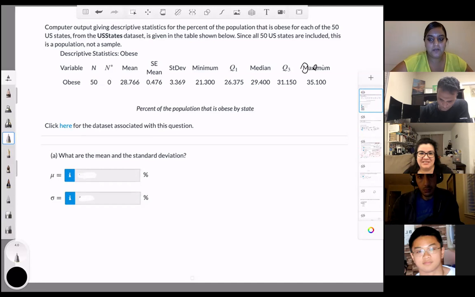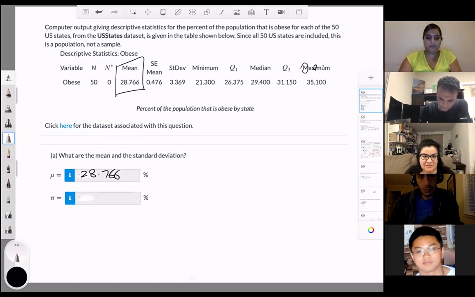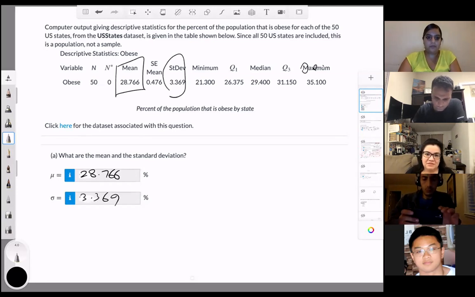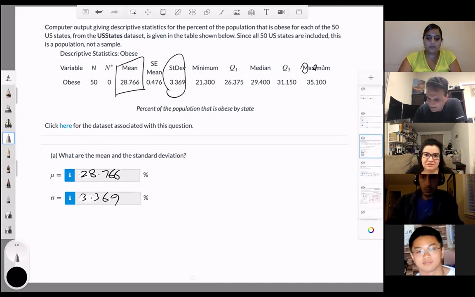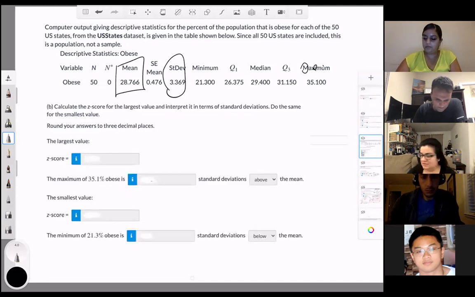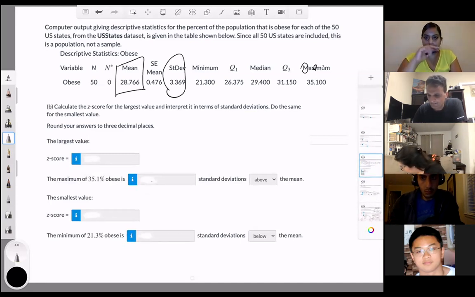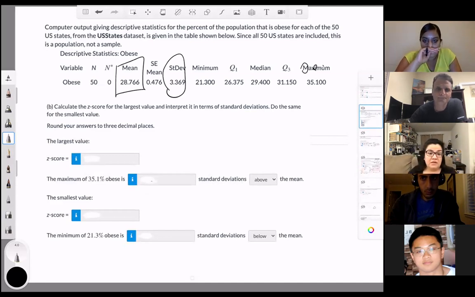So mu will be this, 28.766. The standard deviation is 3.369, which is this one. Let's make it a little jazzy here. Calculate the z-score. This will be our last question. You need to do a little algebra.